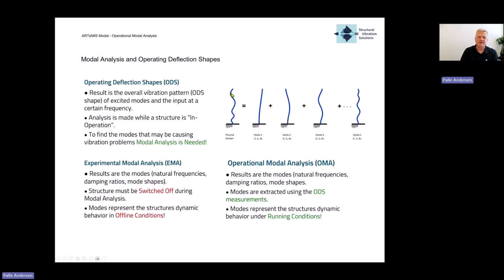This is ODS. If we measure the inputs and outputs, we use experimental modal analysis, and otherwise we can use operational modal analysis when we can only measure the response. So these three types of analysis work together in some way complementary to one another.